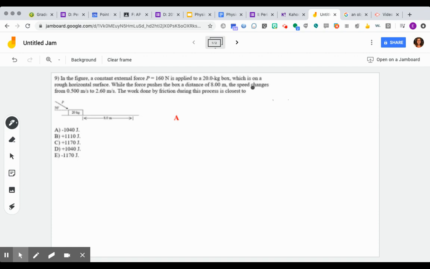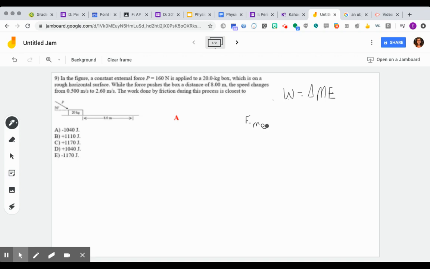So we're looking for work due to friction. We know that net work is equal to the change in mechanical energy. Technically, we know E mechanical is equal to what?